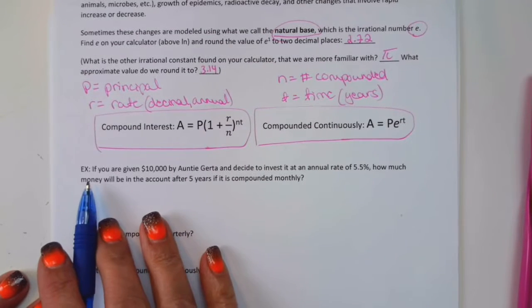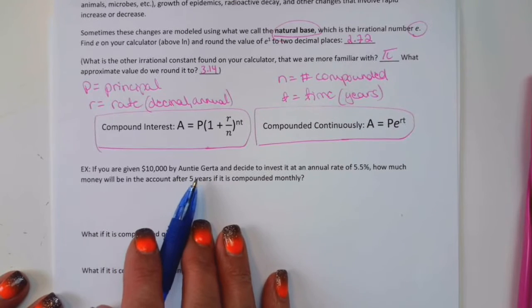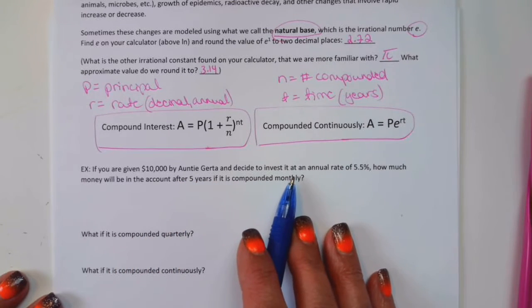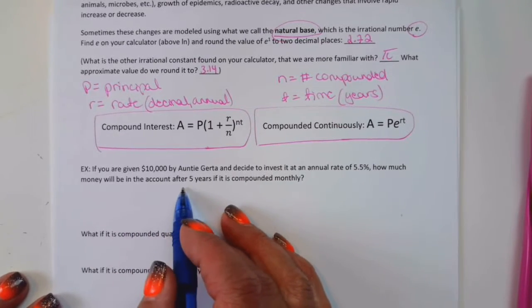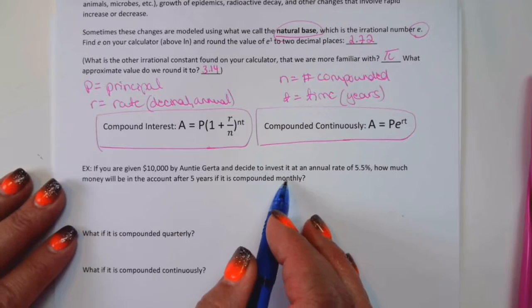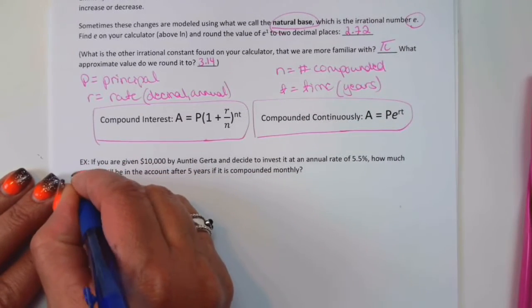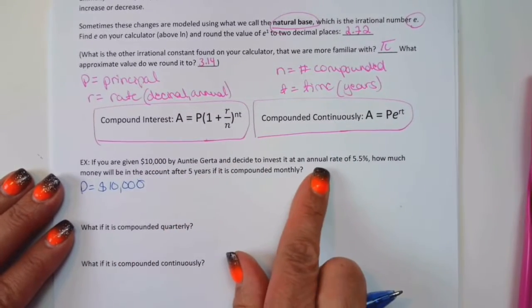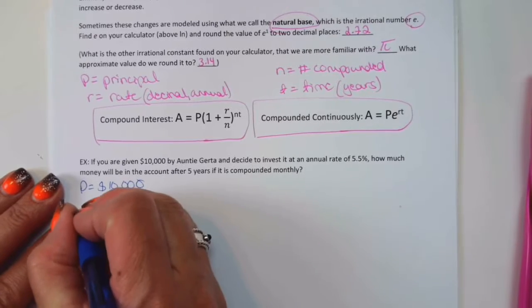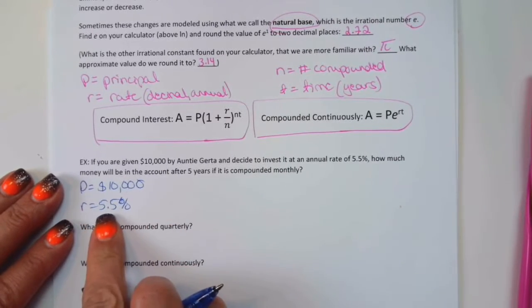So let's look at this first example. If you are given $10,000 by Auntie Gerda and decide to invest it at an annual rate of 5.5%, how much money will be in the account after 5 years if it is compounded monthly? So our principal, the P, that is the given money, so that's $10,000. Our rate is 5.5%, which again, we need to convert to a decimal, which means that we are dividing by 100.